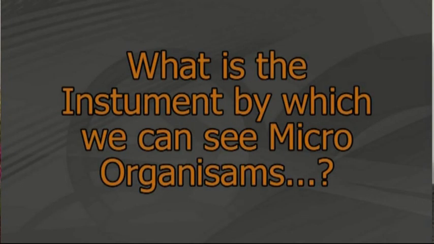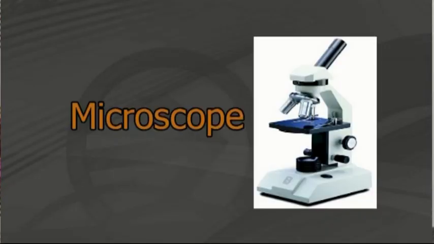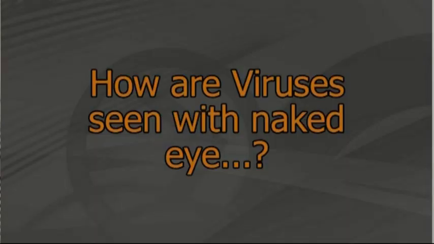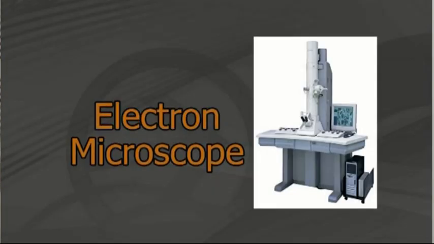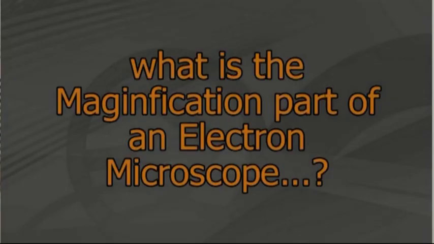Are you all clear about the concept of microorganisms? Can I ask you all a few questions? What is the instrument by which we can see microorganisms? Yes, a microscope. How are viruses seen with our naked eye? Very good. Electron microscope. What is the magnification power of an electron microscope? Very good.